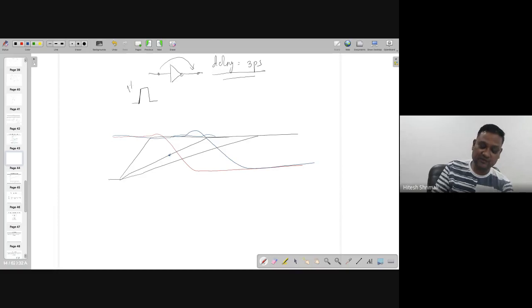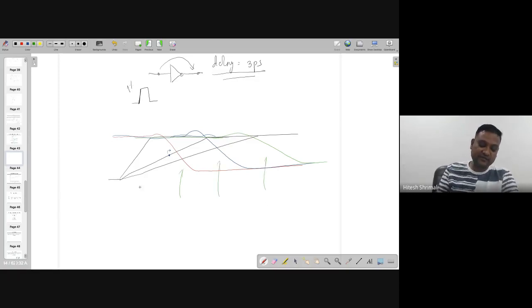This is happening because my inverter has changed state and it has enough time. This is a very slow varying signal, and if you are increasing more, all of these will have a different propagation delay.